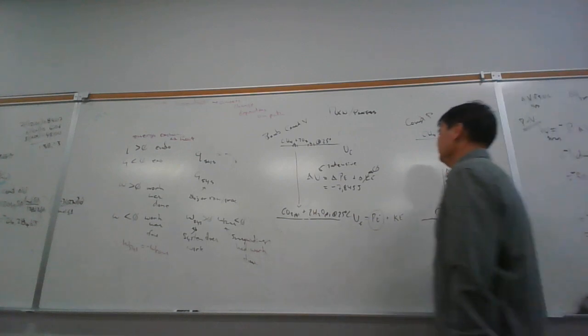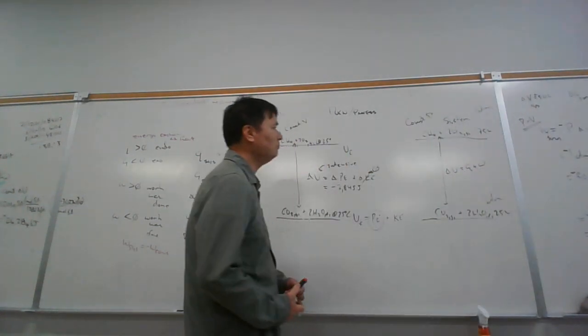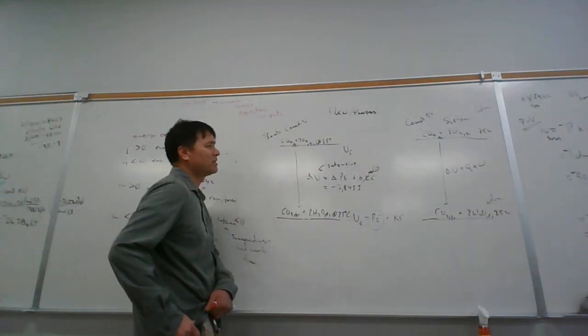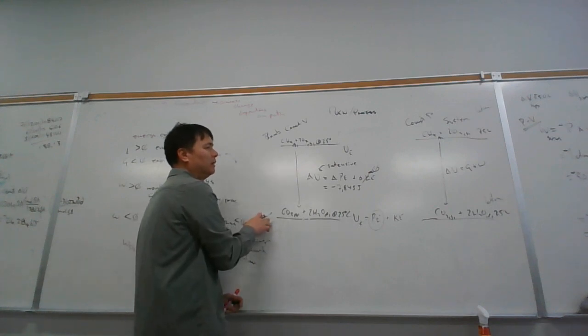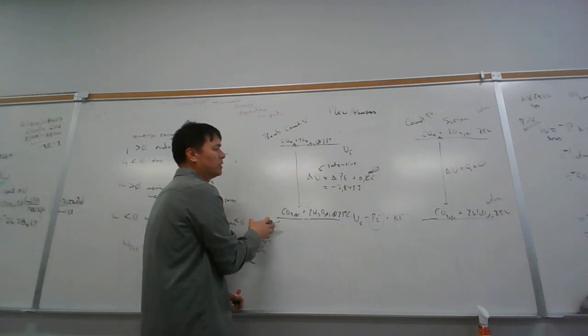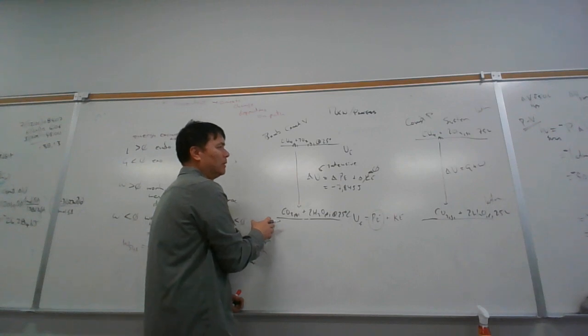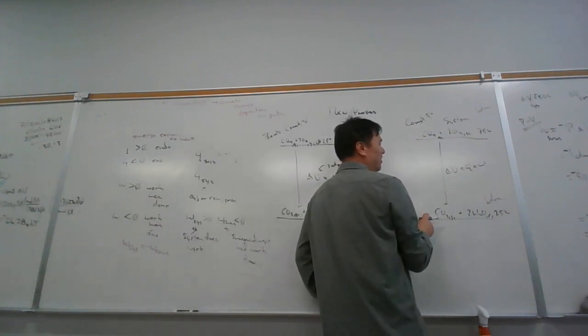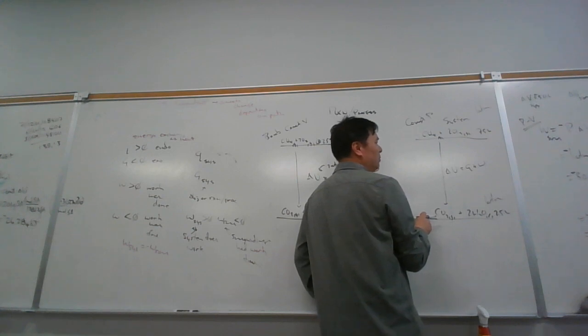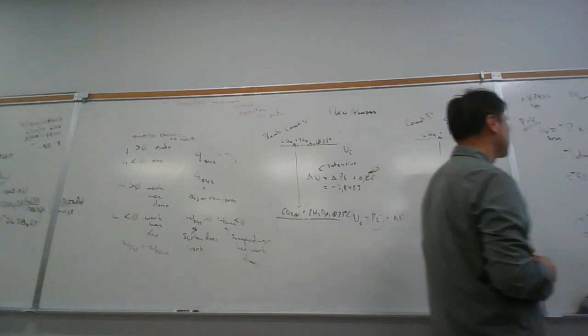So in other words, if we do this in a bomb, we get a certain amount of energy. But if we do this at constant pressure, we get a little bit more energy, because of the added work, because the surroundings have to do the work.